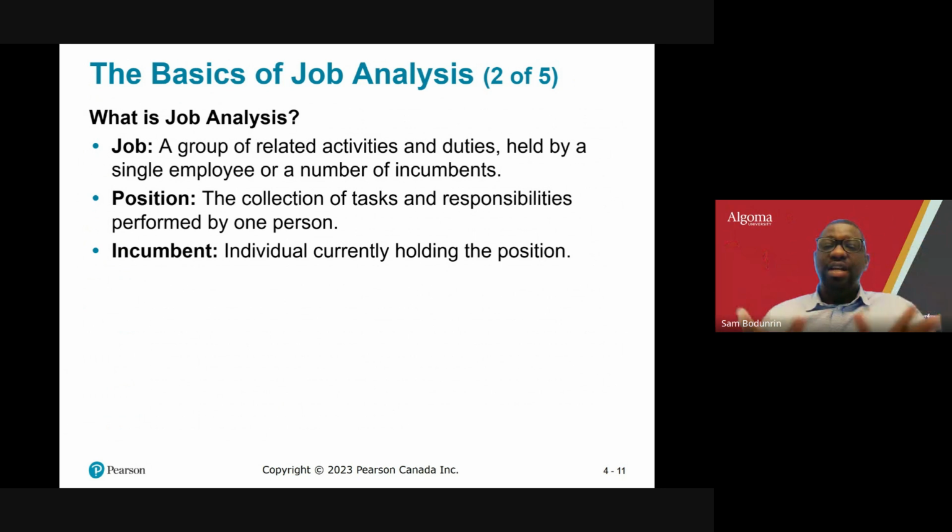It is a group of related activities and duties that a single person does. A position, on the other hand, is attached to hierarchy, the responsibility that is attached to one's hierarchy on the job. Then an incumbent is someone who is currently doing the job, holding that position or that rank.